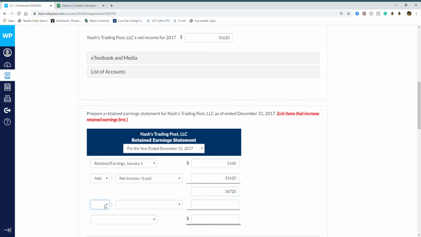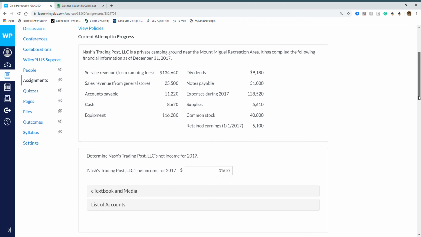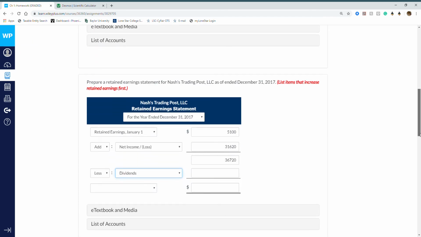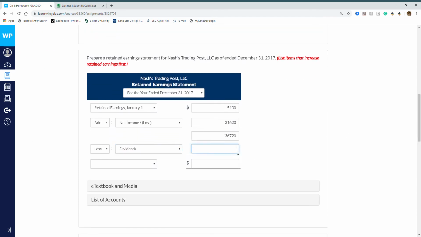Next, for the statement of retained earnings, we always subtract out good old dividends. Let's find out what those dividends were. They were 9,180. This will find our ending retained earnings, or basically retained earnings for the balance sheet.